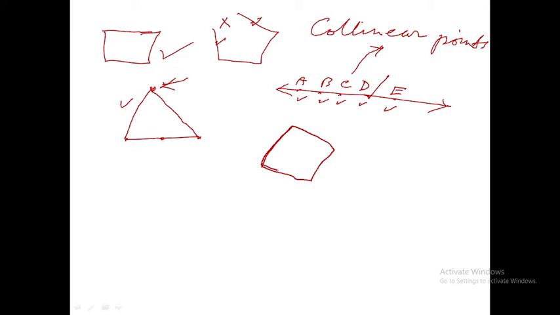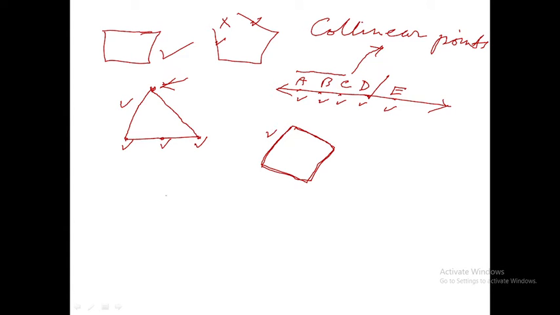When 3 points do not lie on a straight line means when 3 points are not collinear. Here 3 points are collinear, this point, this point, this point, and one point is not collinear. So we get a triangle. A triangle is a closed figure bounded by three straight lines. And we get a quadrilateral when, out of 4 points, no 3 points are collinear.